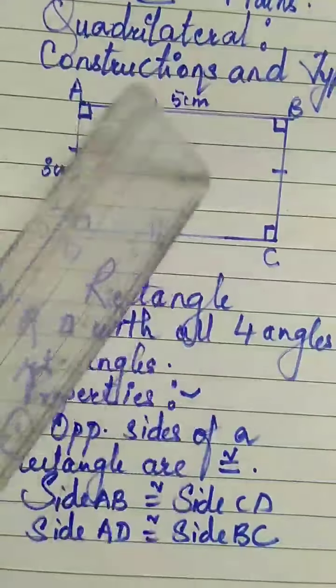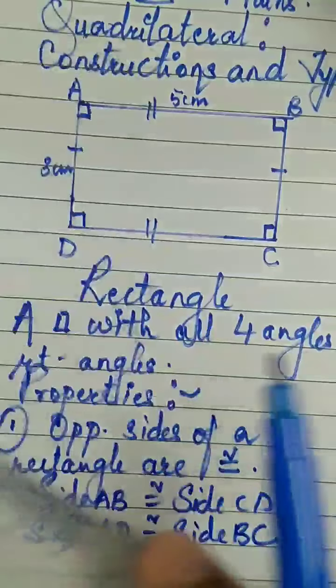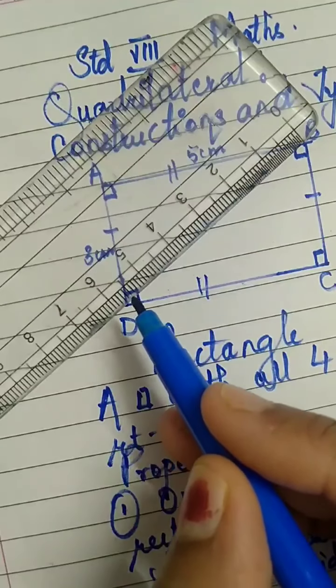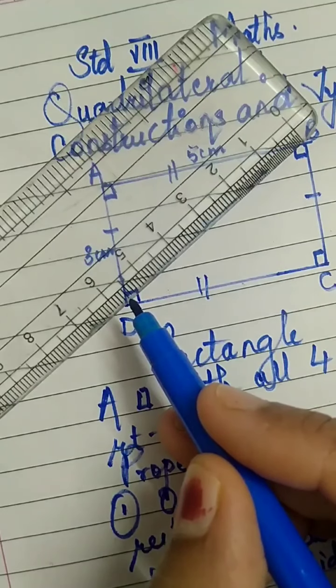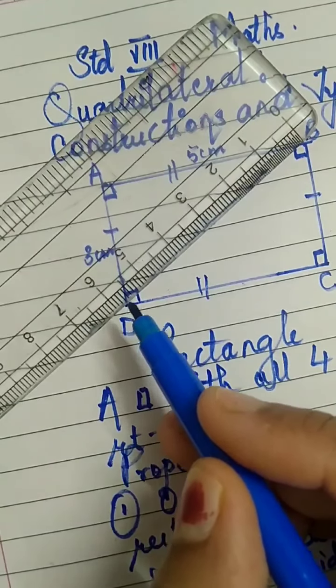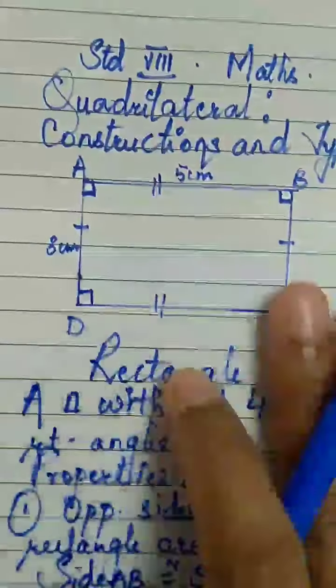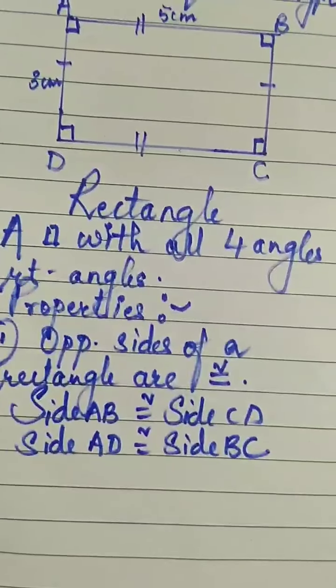Now if you measure the next diagonal also, I'll measure and check. The second diagonal when I measured, again you can see 5.6. Between 5.6 and 7, it is 5.6 only, because this rectangle I have made by hand. But even then, we are getting it accurate.